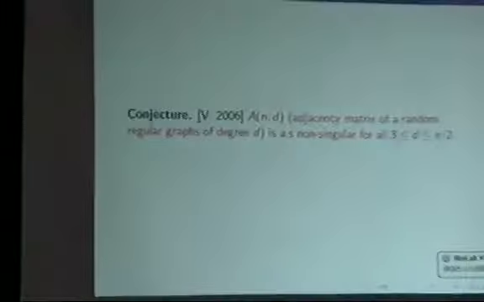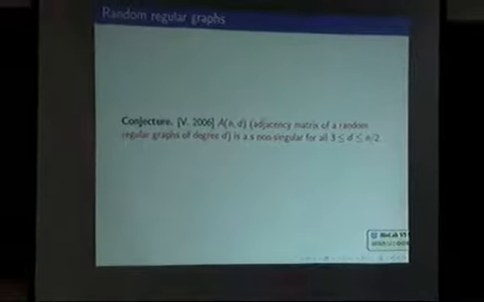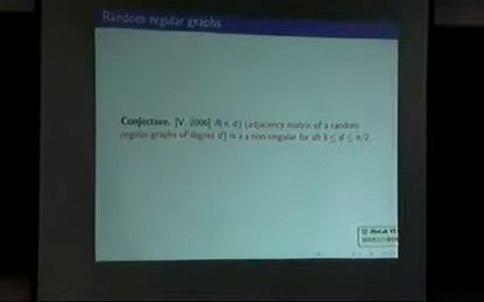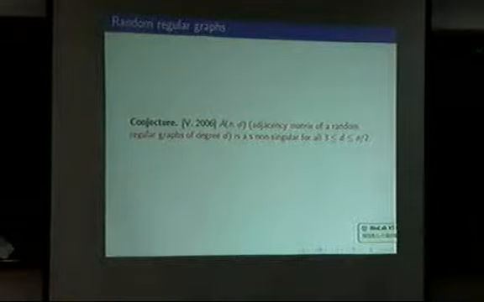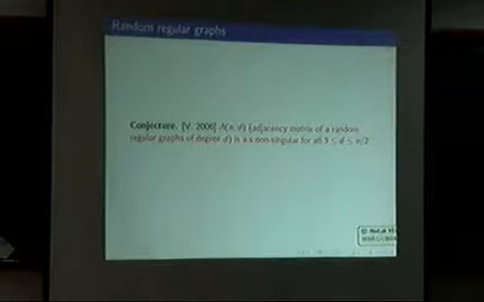And the conjecture I want to make here is that with high probability, these graphs are non-singular for any number d between 3 and n over 2. And nobody knows anything. So the question is, why did I start from 3, and not 2?